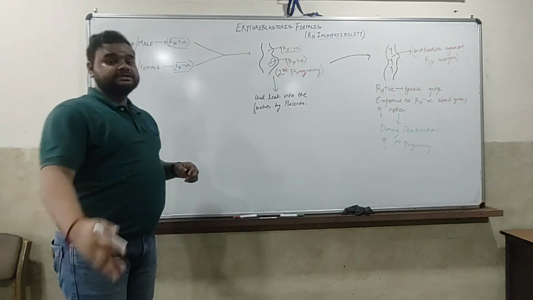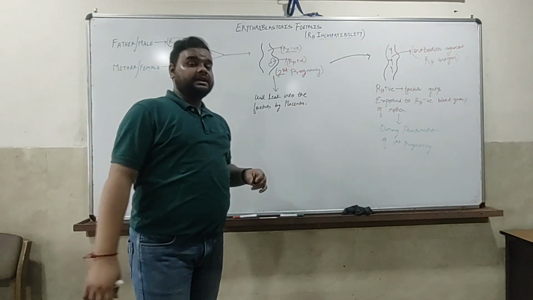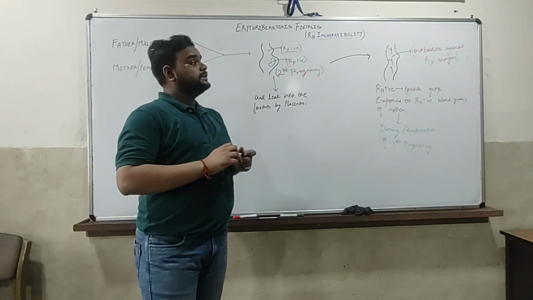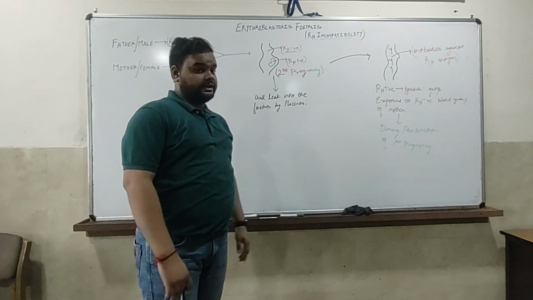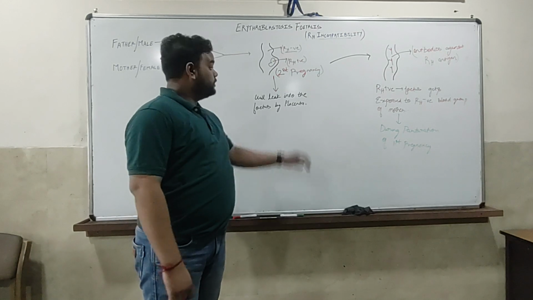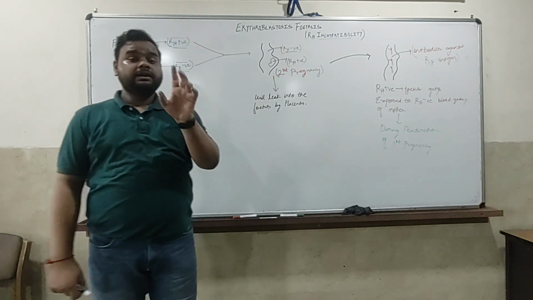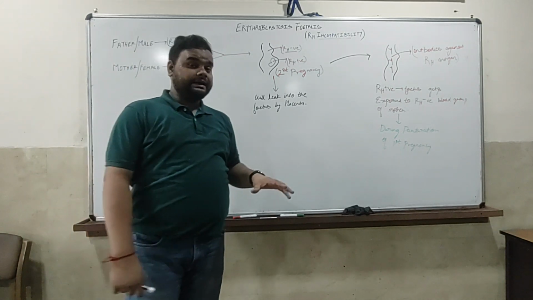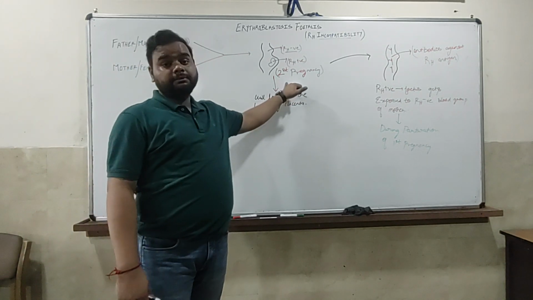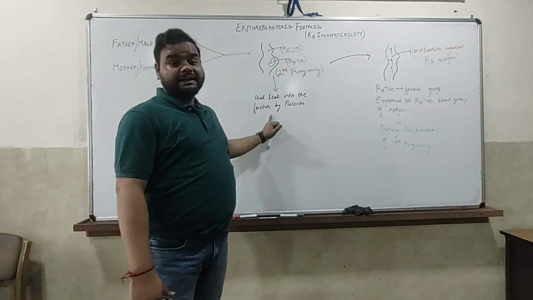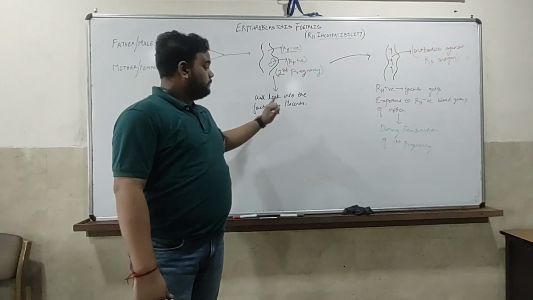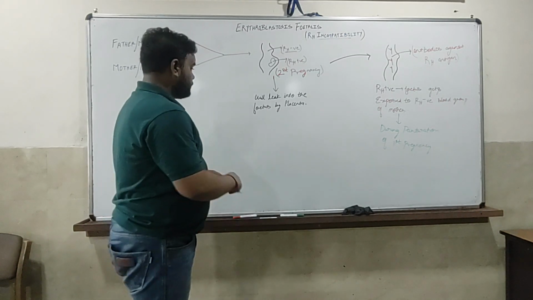As we know, there are some antibodies which can cross the placental barrier. So during the second pregnancy, these antibodies, remember, the blood is not getting mixed. The antibodies from the mother's blood are getting leaked into the fetus by the placenta.